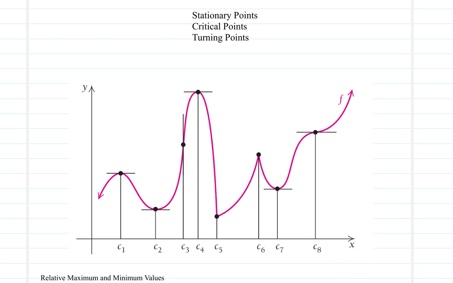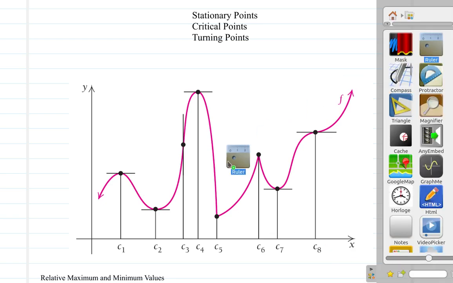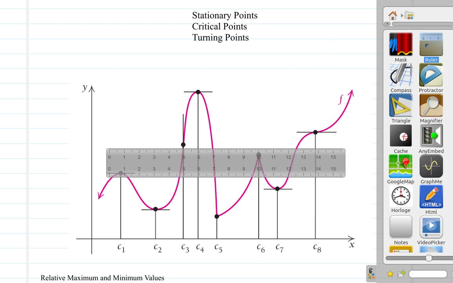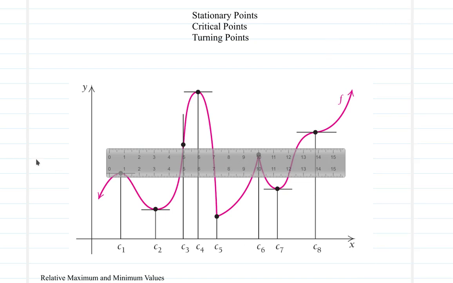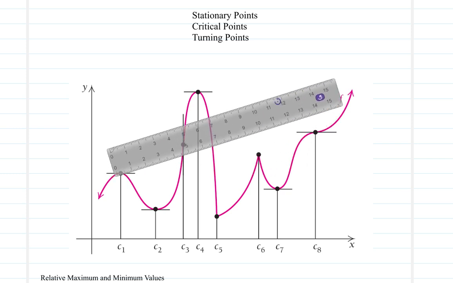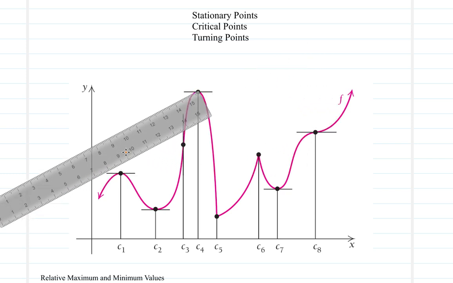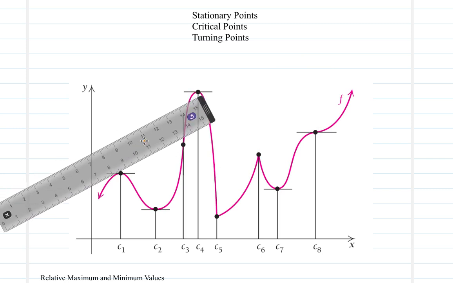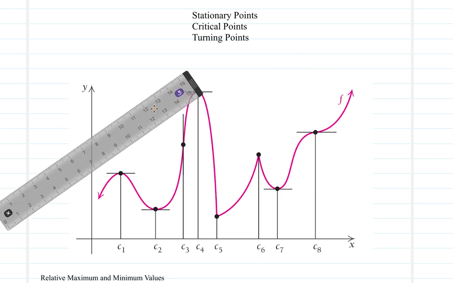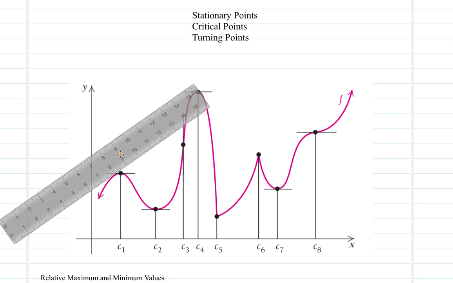What I mean by that is this. Let me get a ruler here. The gradient turns from positive to negative. What it means, if I should find the gradient, let's say somewhere on the left of the point, I would do this, right?